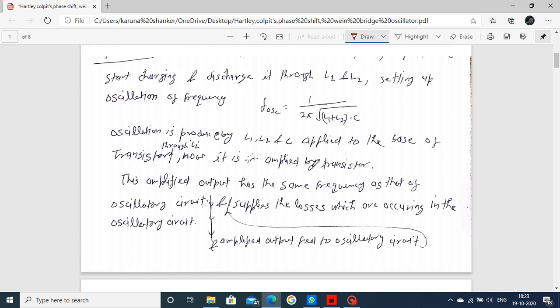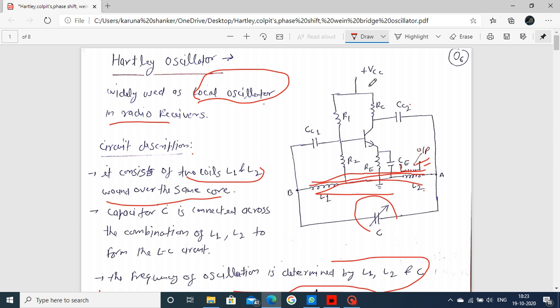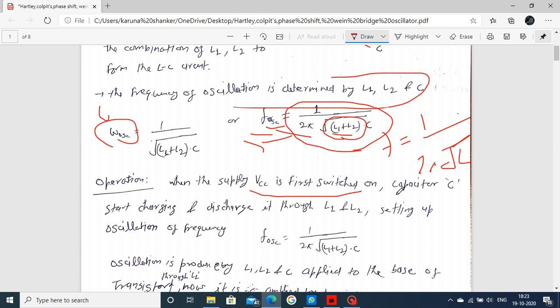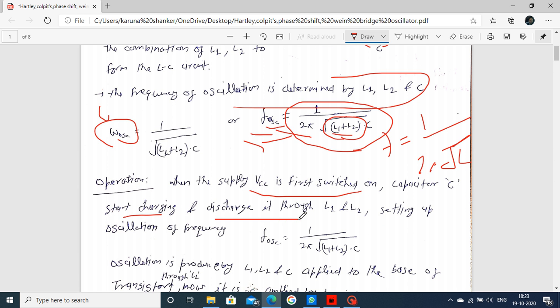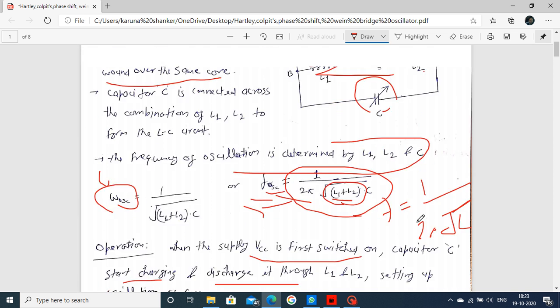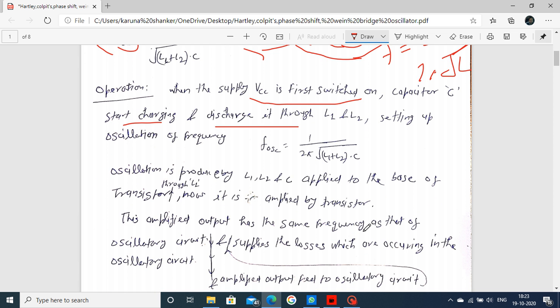Next, observe the operation. First, the VCC supply is switched on, and the capacitor starts charging and discharges through L1 and L2, and sets up oscillations of a frequency.